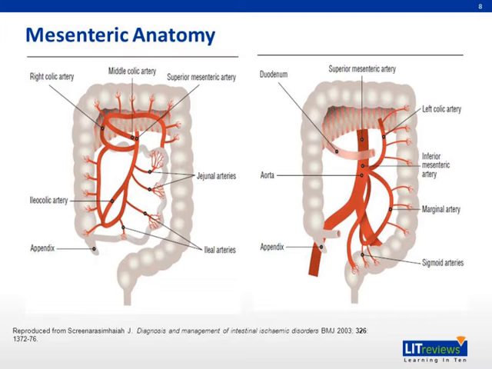The right gastroepiploic artery joins with the left gastroepiploic artery. The right gastric artery branches from the hepatic artery and anastomoses with the left gastric artery along the lesser curvature of the stomach. Because of its highly redundant blood supply, gastric ischemia is rare.